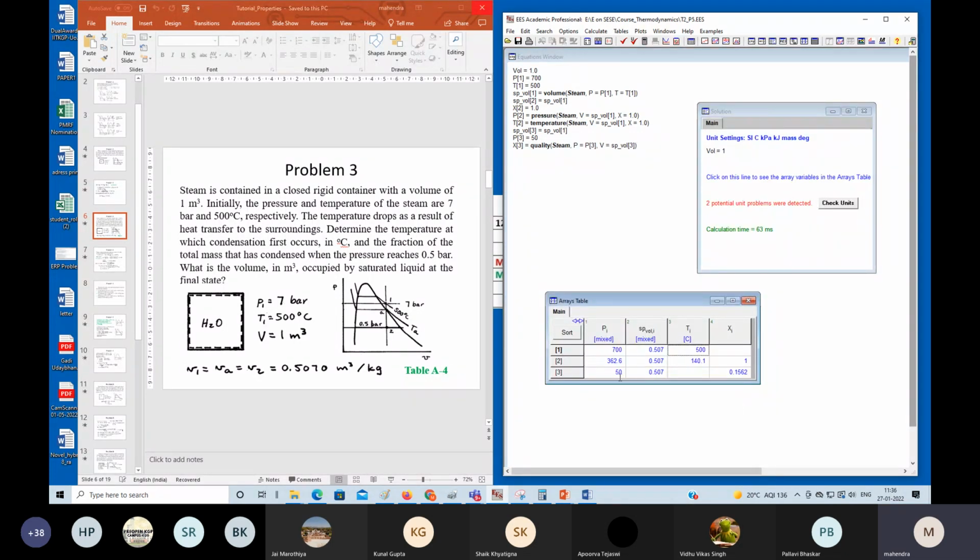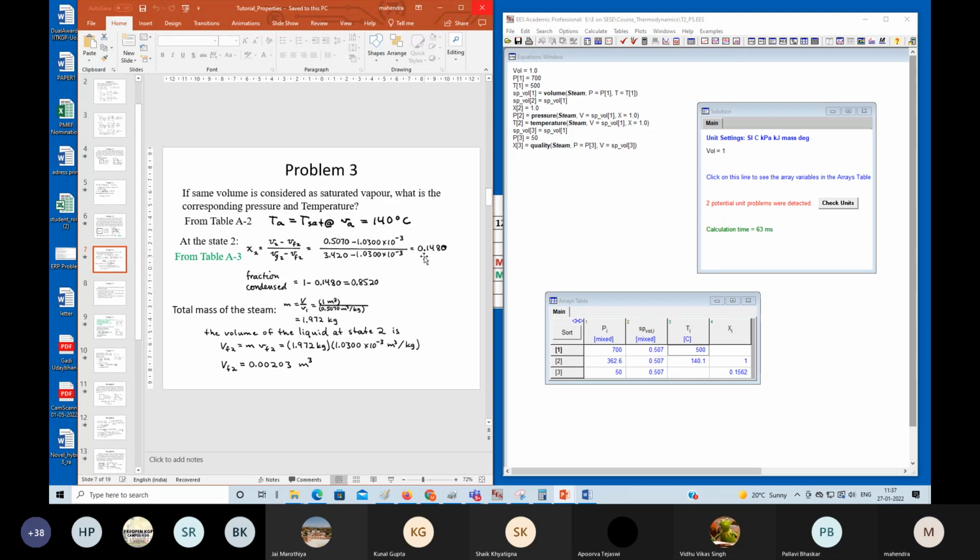This is the third point. Specific volume we are considering as same. At 50 Pascal, dryness fraction is 0.1562. Is that same as what we have solved? Yes, this is approximate.